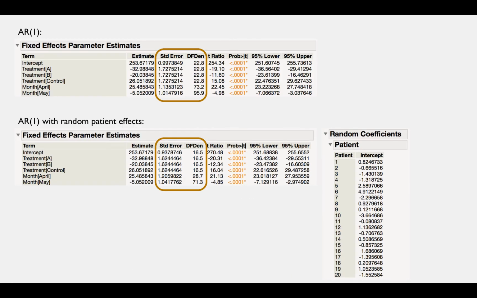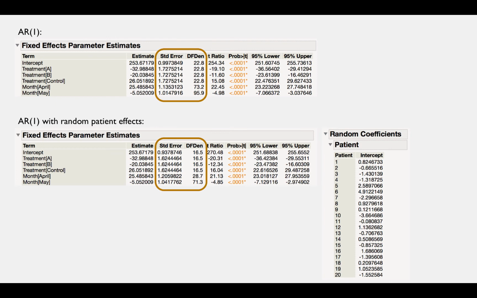Okay, so if we just explore those a little farther, the AR1 model, if we look at the fixed effect parameter estimates, we see these standard errors and denominator degrees of freedom. Notice those denominator degrees of freedom are different in the AR1 versus the AR1 where we put the random patient effects in. So you can see there is an impact of having more parameters.